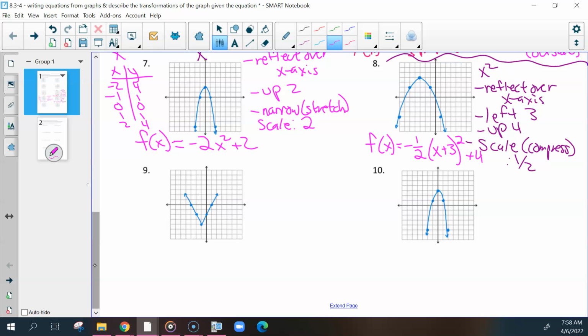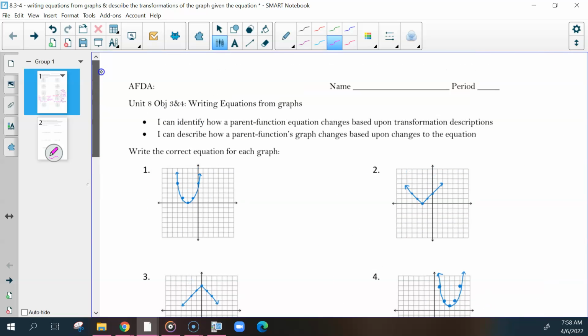Do you have any questions on this so far? Okay. First, I think I had you guys write like a formula at the top. That A value, your scale, and your negative, those always go in front. They're outside also, but those always go in front.